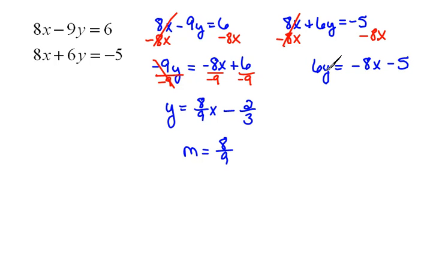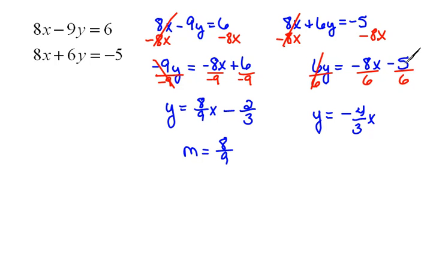Now we want to get y alone still, so I'm going to divide everything by 6 to get rid of that. So we have y equals, here we've got a negative divided by positive, so that will be negative. And 8 over 6 will reduce down. 2 will go into 8 4 times, and 2 will go into 6 3 times. So that's negative 4/3 x.